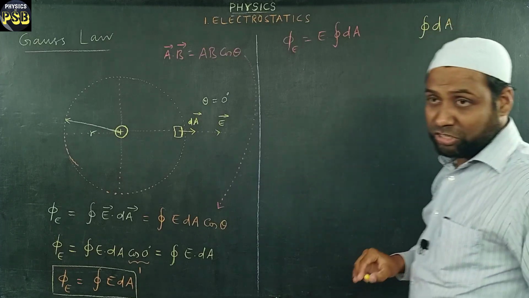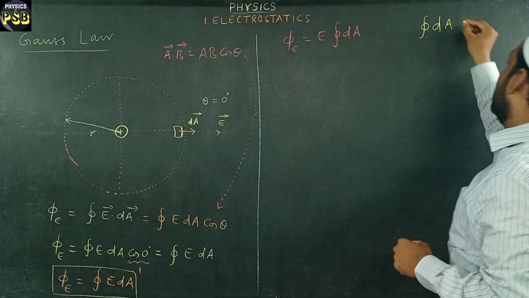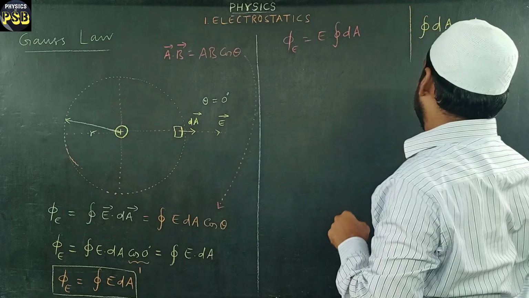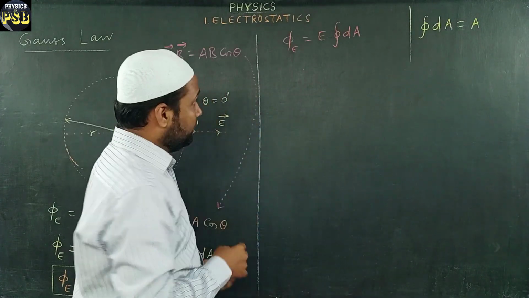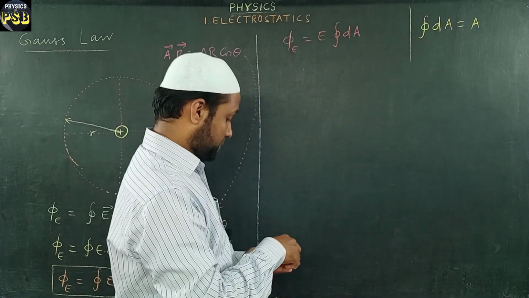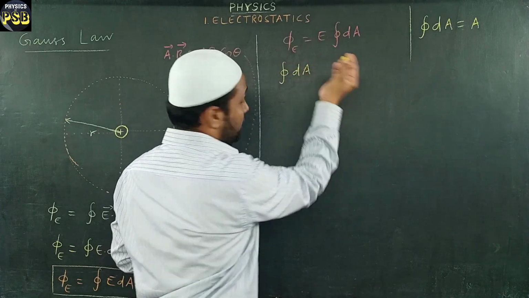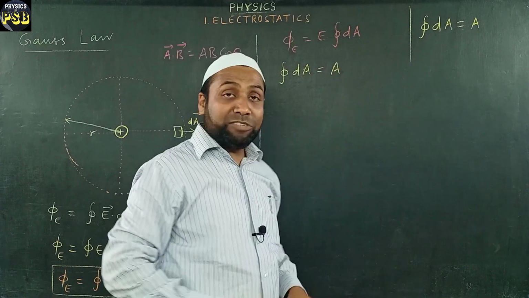Here d stands for differentiation. If you integrate this term, we get A. So closed integral of dA is equal to A, and A stands for area.